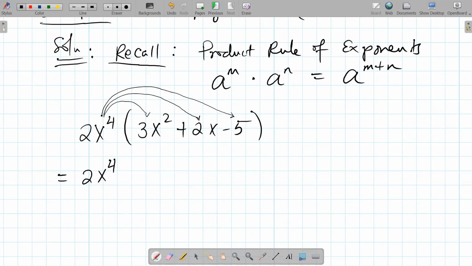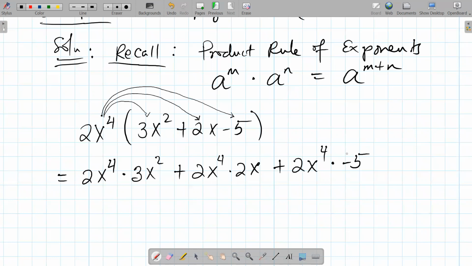Okay. So 2x to the 4th times 3x squared, plus 2x to the 4th times 2x, and then 2x to the 4th multiplies negative 5.